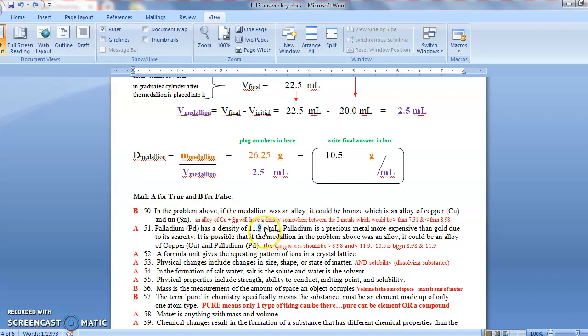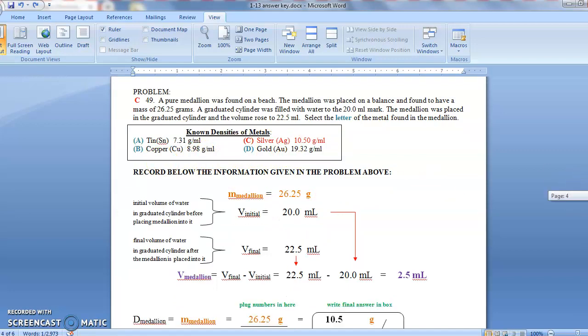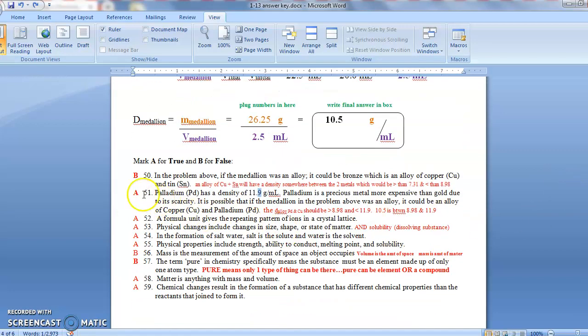Well, if it's an alloy of palladium and copper, the density should be between palladium's, which is 11.9, and copper's, because it's a mixture of the two, so it should be an average of the two. Palladium is 11.9. We saw up there that copper is 8.98. 10.5 is between 8.98 and 11.9. It actually could be an alloy of palladium and copper.